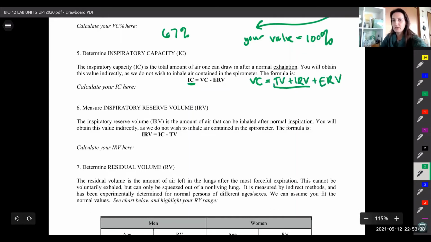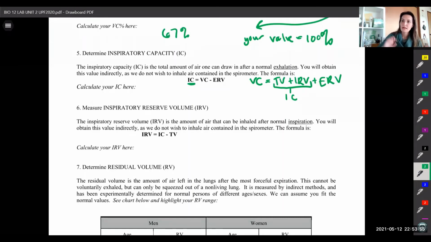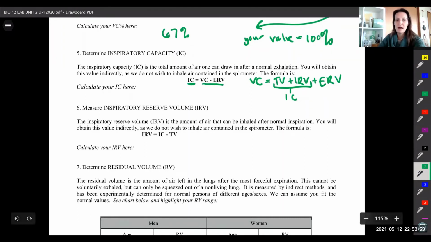And this right here is the inspiratory capacity, the tidal volume plus the inspiratory reserve volume. So we take IC and the ERV, and if we want to solve for IC, we subtract the ERV from the vital capacity, the VC. And we have this value and we have this value, right? That will allow us to calculate IC.